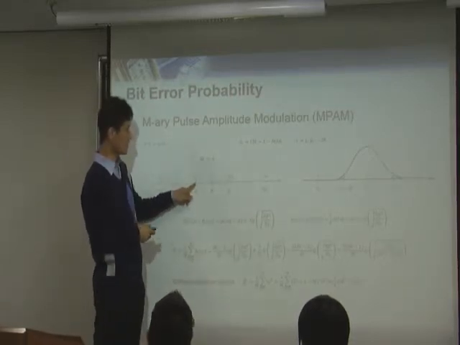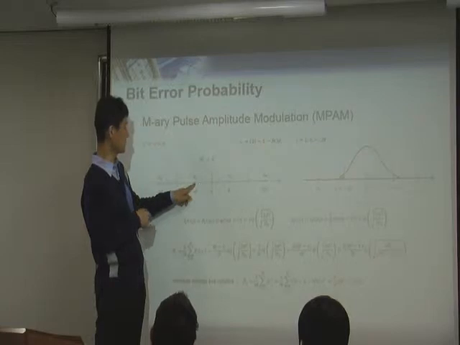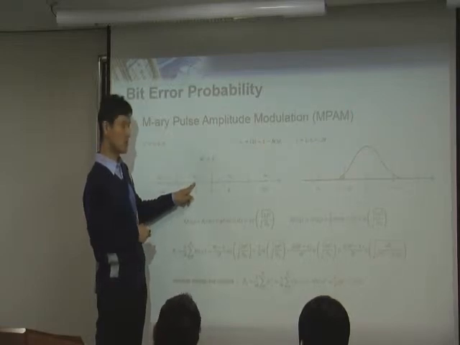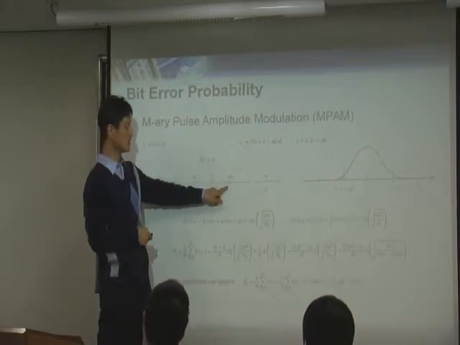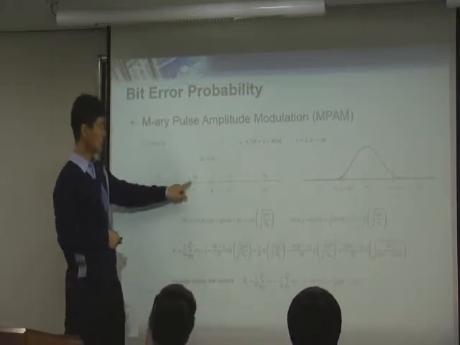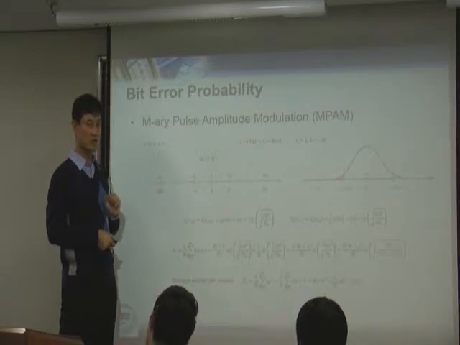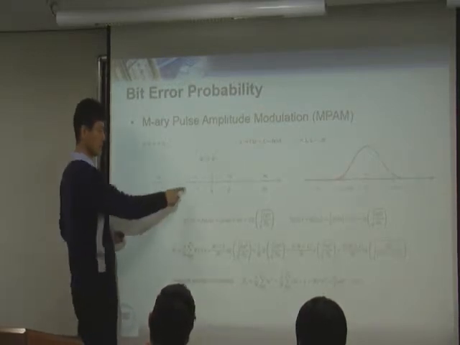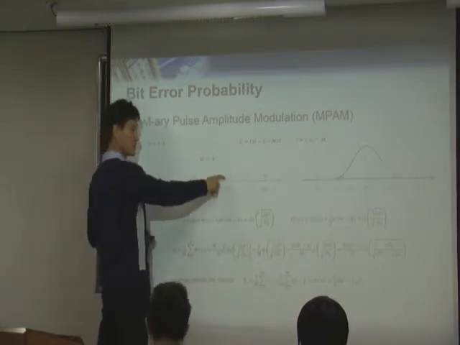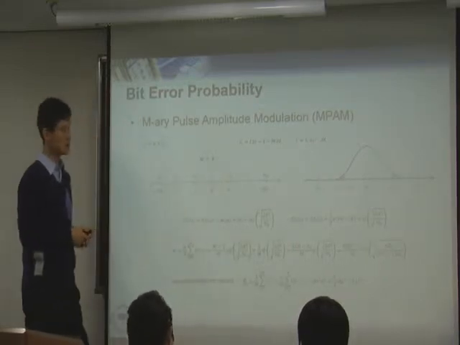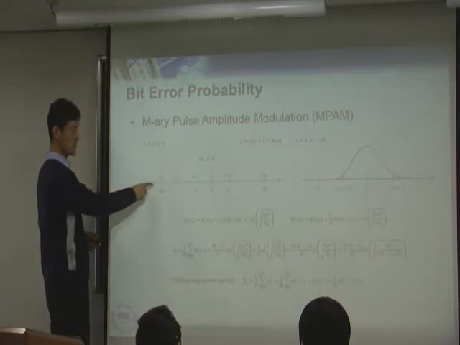Similarly, you transmit this one, but because of this high amplitude noise, this transmitted symbol is received somewhere here. That is an error, right? So for S2, we have 2 error cases, right? S2 can be received as S1, S2 can be received as S3. Both are errors, right?